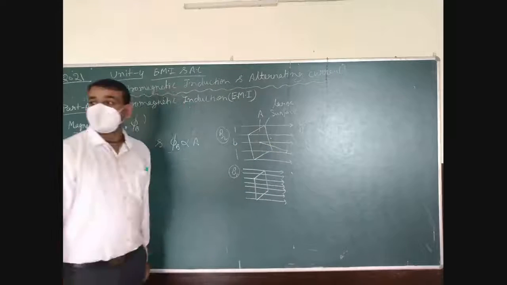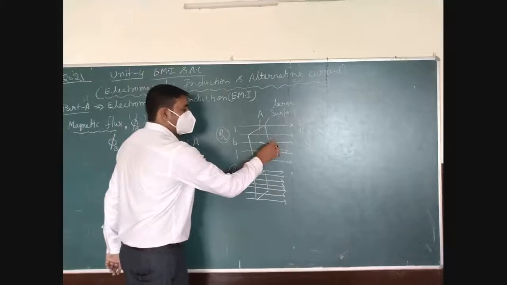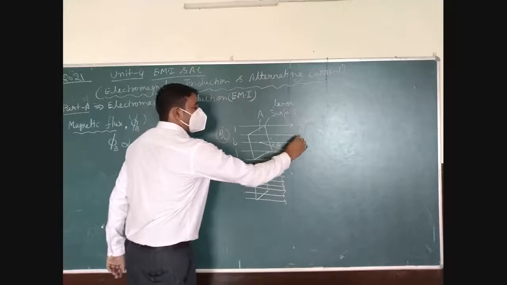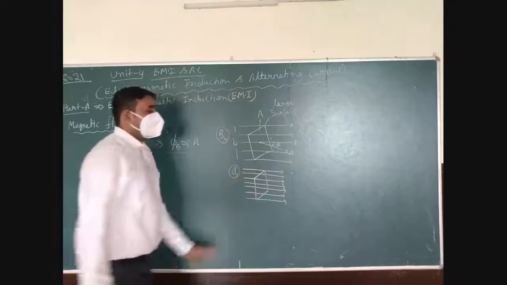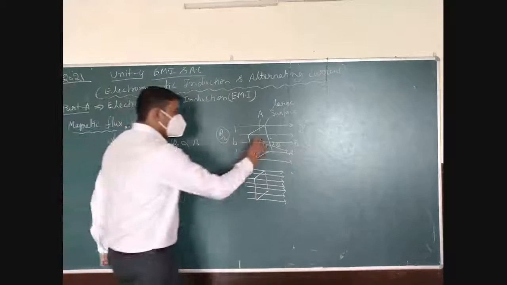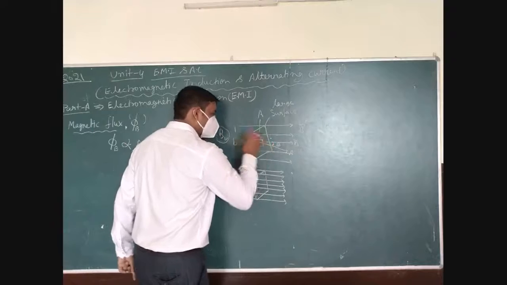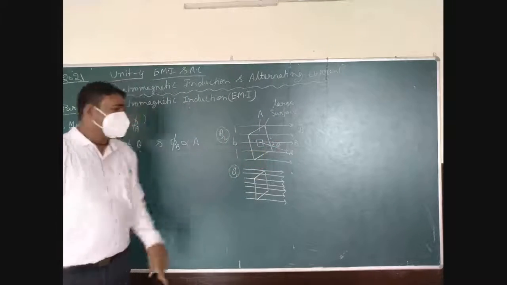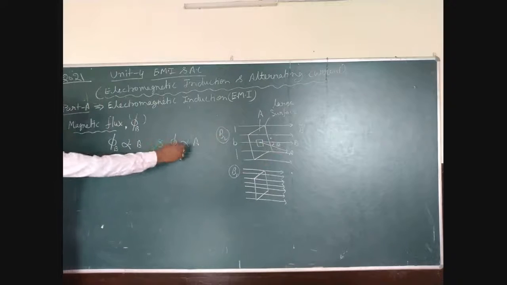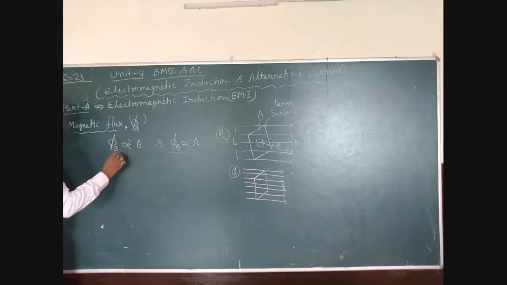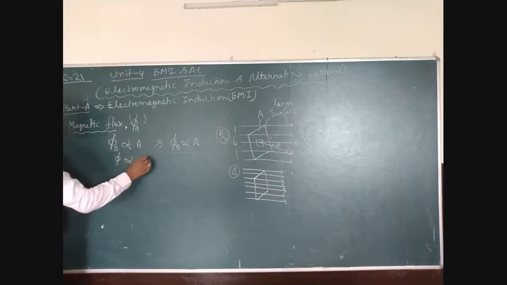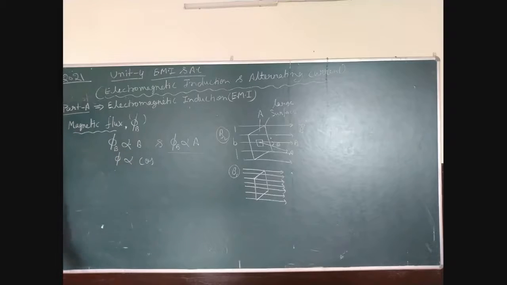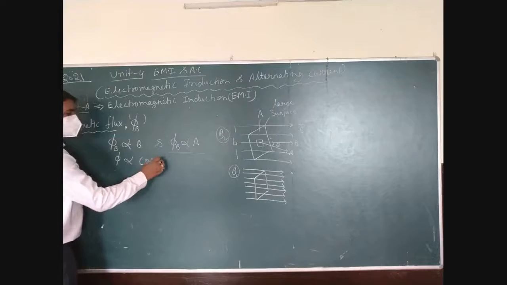This is the angle between B and the area of the surface. So the flux is directly proportional to the cosine of the angle between the area vector and the magnetic field.